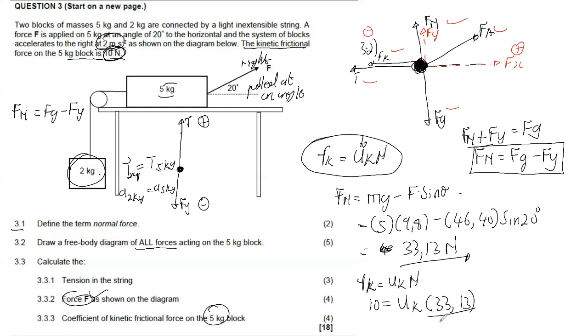So obviously I have to divide both sides by this 33.13. And then now my coefficient for kinetic friction is equal to 0.30. Right. And that's how you were supposed to tackle this question for a total of 18 marks.